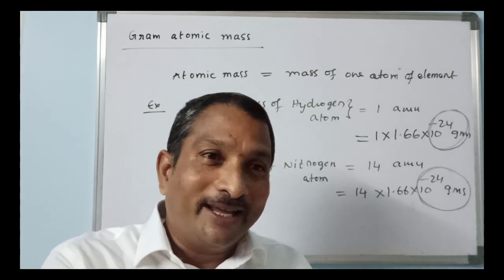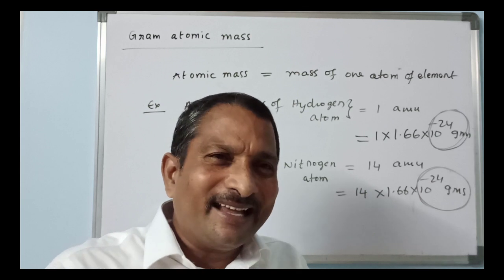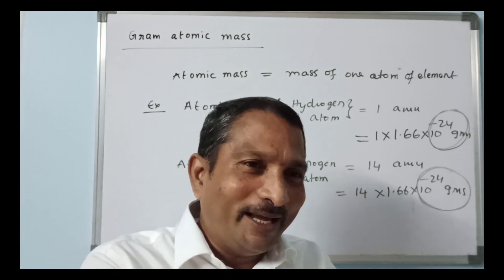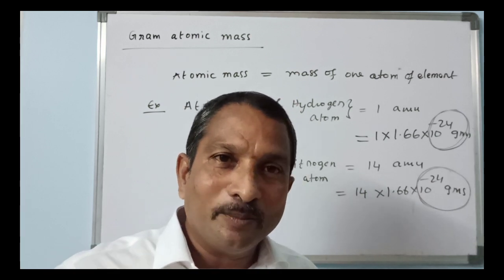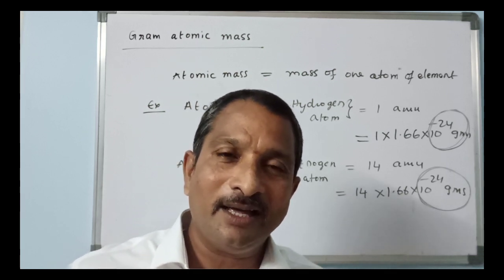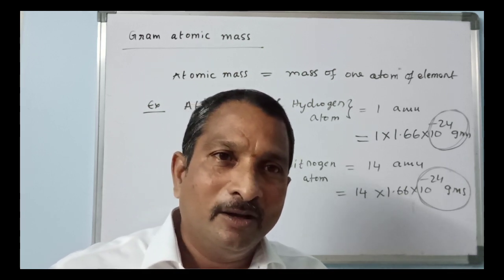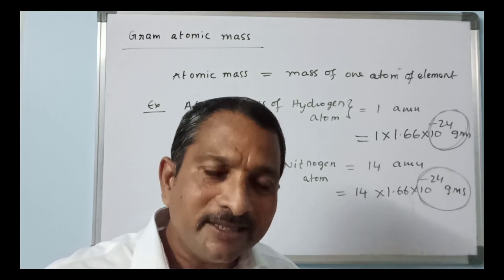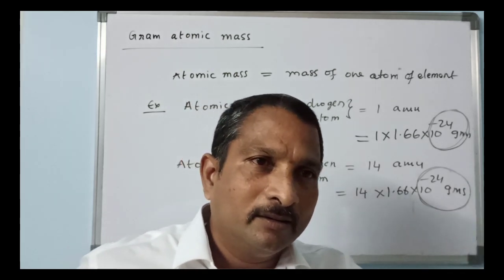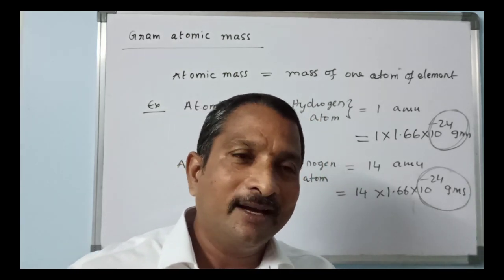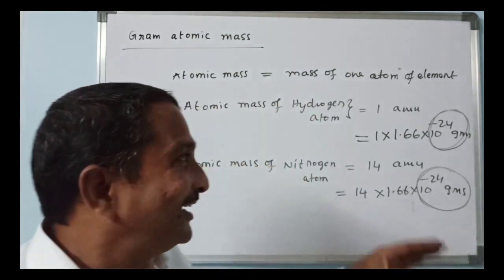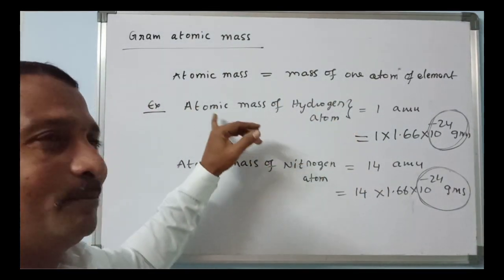A dozen bananas, okay, we can buy. One egg, it is not ideal to buy. In general, we buy a dozen bananas, a dozen eggs. Similarly, it is difficult to measure mass of one atom.